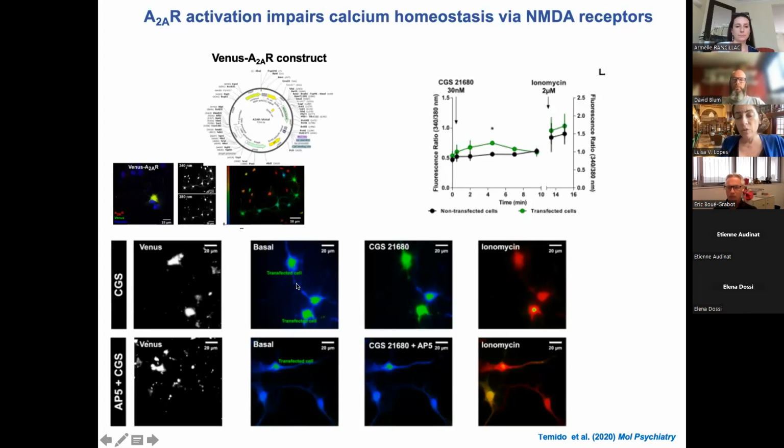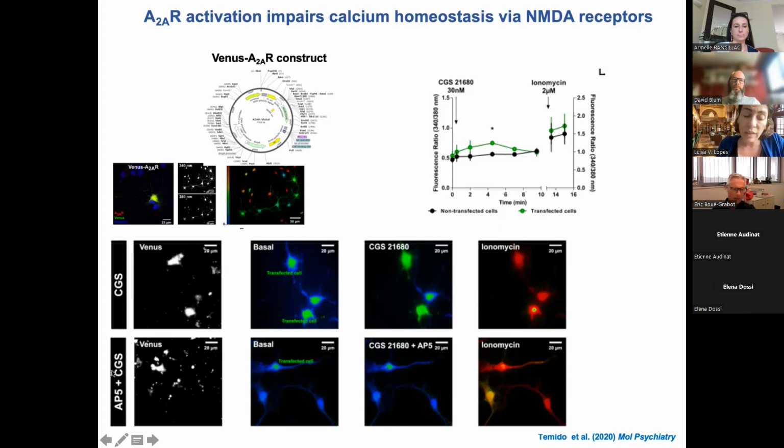We use a calcium sensor to understand what happens to calcium. When you activate A2A receptors with CGS, which is a selective ligand, you have an increase in calcium in the transfected neurons that you don't see in the untransfected neurons. And this is just the positive control with ionomycin.